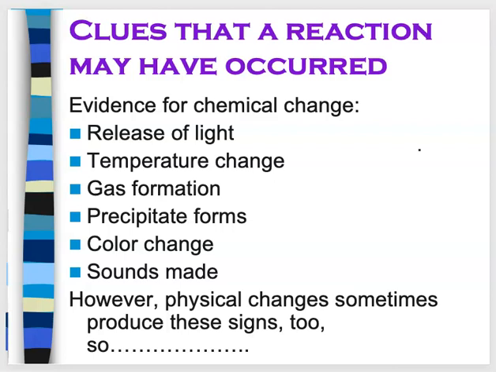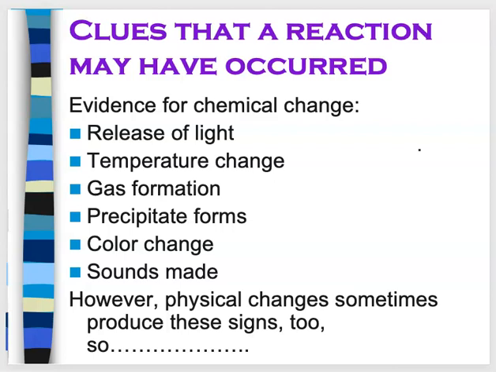If you form a gas in a test tube, which is usually seen by the formation of bubbles. If a precipitate forms, a precipitate is what happens if you mix two clear solutions that have different compounds in them together, and you form a solid substance in there. That's a precipitate.